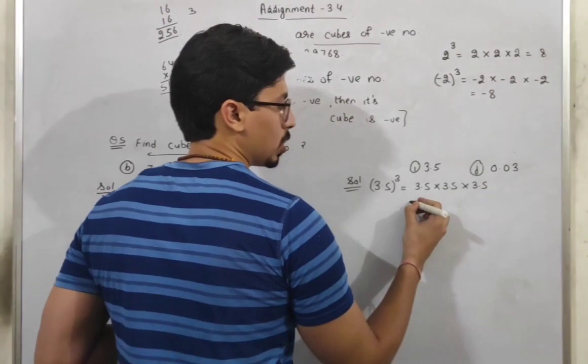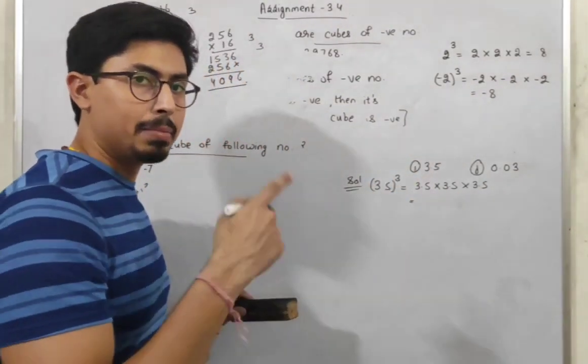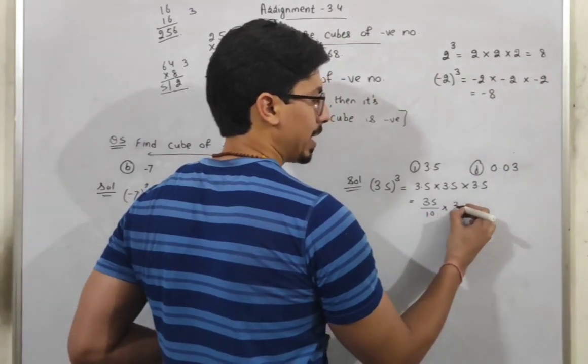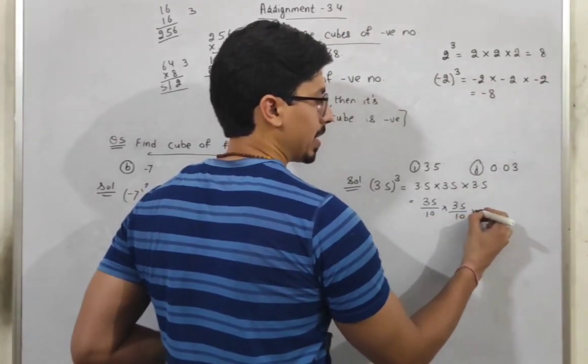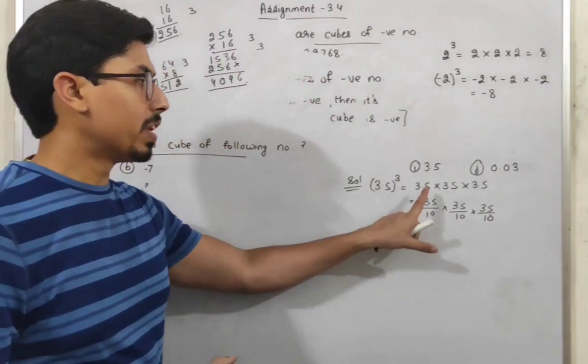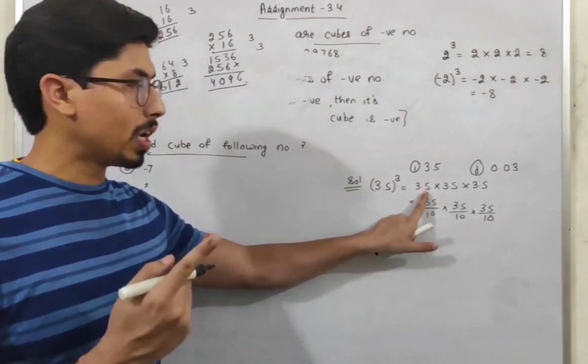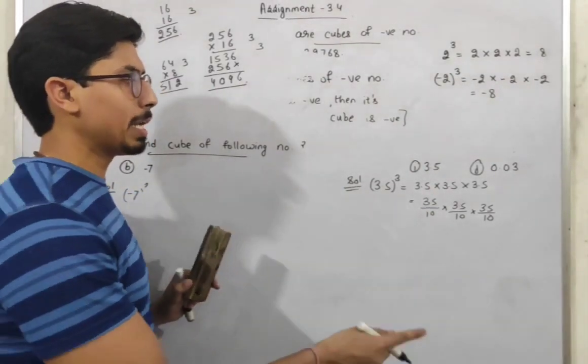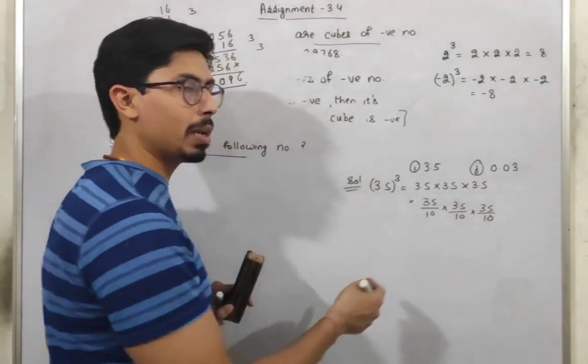It can be written as 35 by 10, 35 by 10 and 35 by 10, because if I remove the decimal, after the decimal there is only one digit, so I'm writing 10. Okay, so I have to multiply 35 by 35 and again by 35.